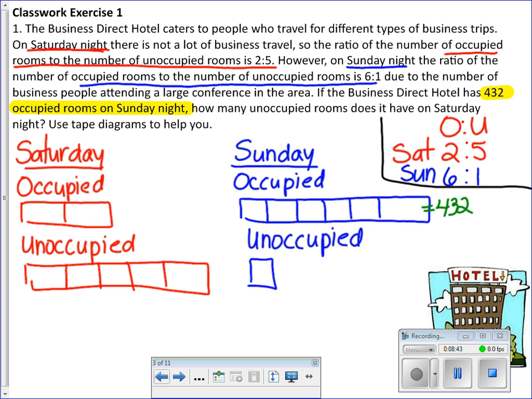Don't make the mistake that I made last night on the homework and divide mentally. Use your margin. Show your work. 432 divided by 6 is what? 72. So now I know that 72 is my constant. So we can fill that in.